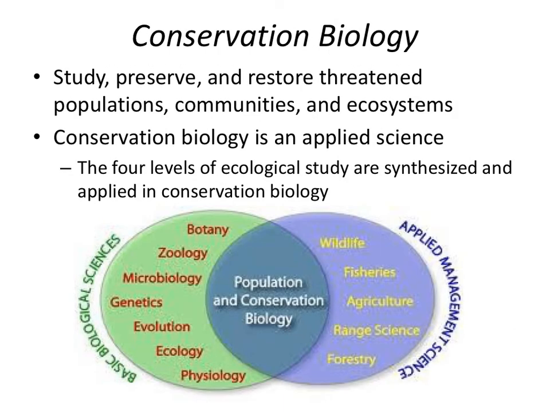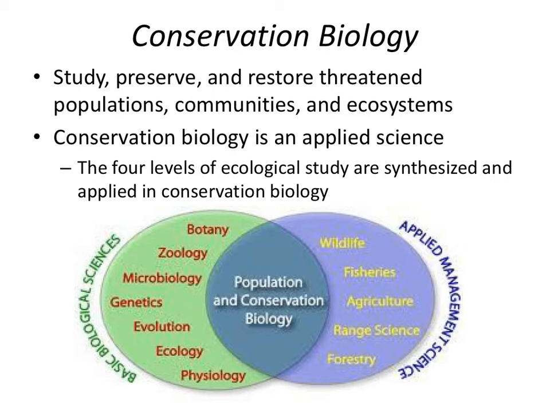Now, one of the things that's going on is we're losing a lot of these different ecosystems primarily because of human use and fragmentation, so we cut down forests, all that kind of stuff. So there's now a subdiscipline called conservation biology, which aims to study, preserve, and restore threatened populations, communities, and ecosystems.